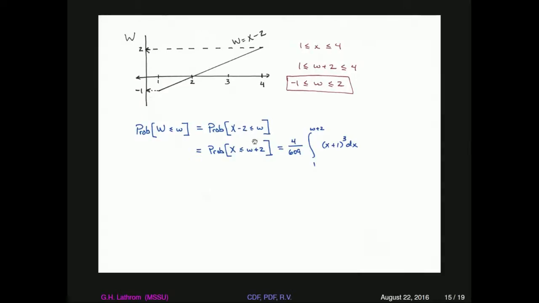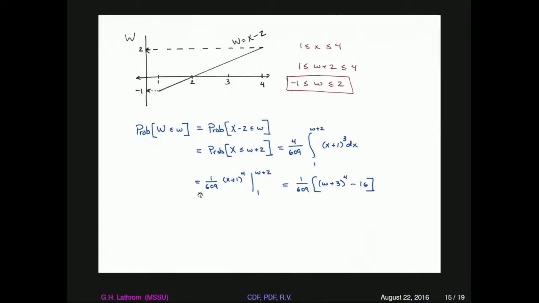If I move that 2 to the other side, this is going to be the probability that capital X is less than or equal to little w plus 2. Well, hey, I know the CDF for capital X. That's going to be the integral from 1 up to w plus 2 of 4 over 609 times (x plus 1) cubed dx.